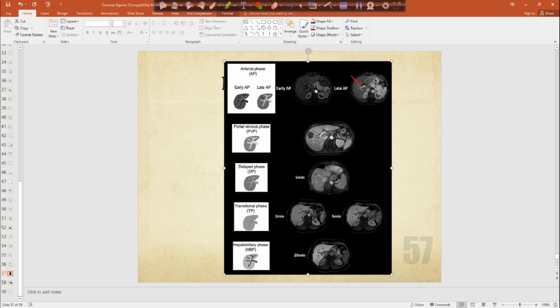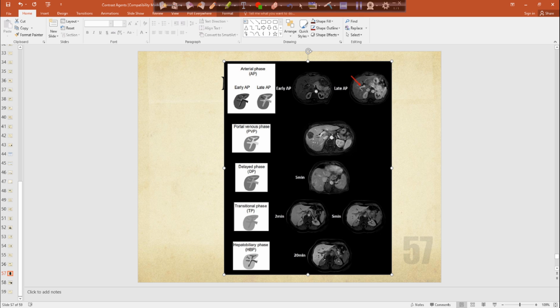Not really the renal pelvis in the middle, but just the renal cortex enhancing with contrast. And your spleen should have a mottled appearance. And then you can see here your pancreas is starting to enhance too. So this is your early arterial phase. This is what it should look like on that first pass.